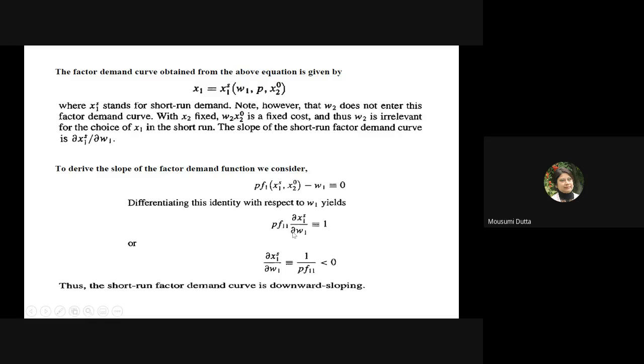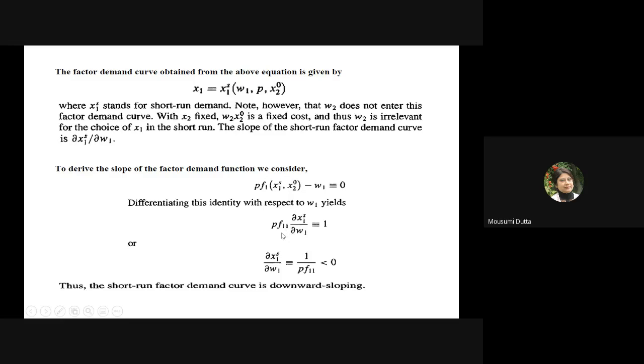So please apply the chain rule. So p into basically ∂²f/∂x1S², that kind of thing we are considering, will be presented using this chain rule because we are taking the derivative with respect to w1.